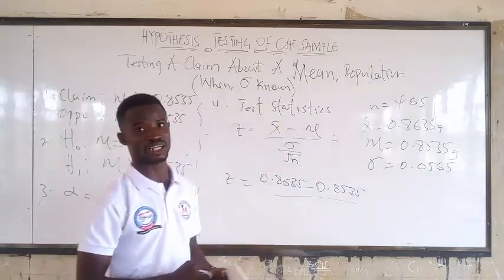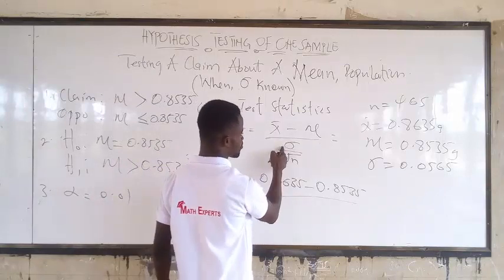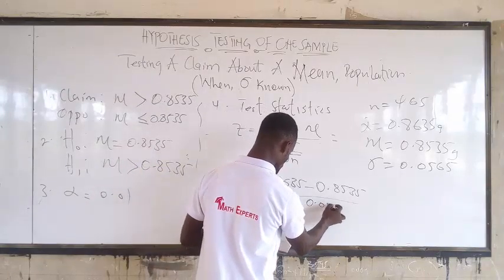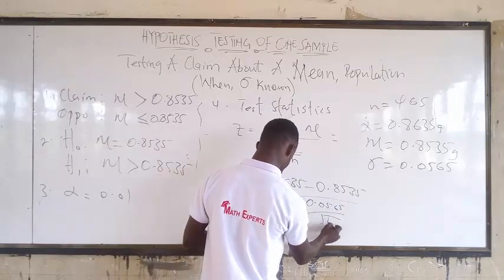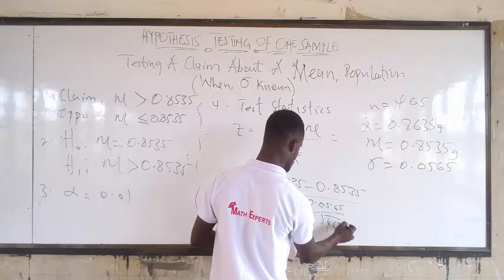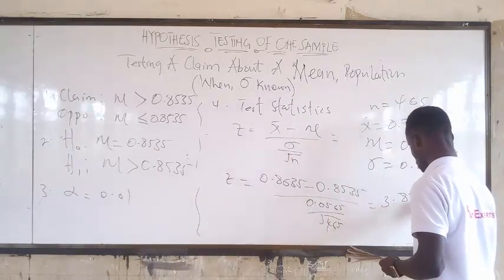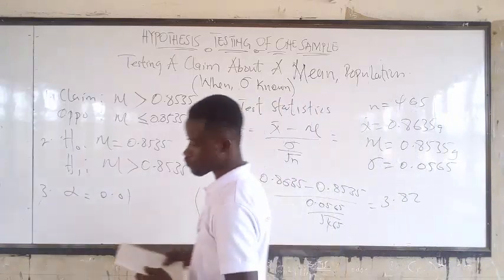I'm emphasizing it because it's where the claim is. The population standard deviation is 0.0565 over the square root of 465. What this gives you is 3.82. So this is the fourth stage.